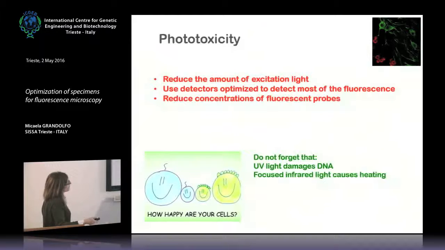Of course, you also have to use state-of-the-art detectors to detect as much fluorescence as possible. Remember, also in this case, it is crucial to work with a very high numerical aperture objective. And you have to reduce the concentration of fluorescent probes to the minimum that is useful to obtain your result.